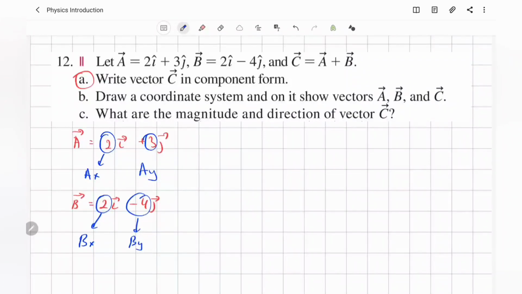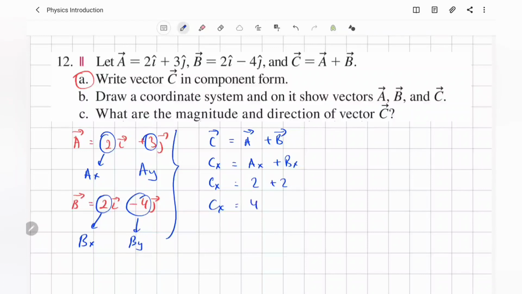So we need to find C vector, which is A vector plus B vector. First of all, let's solve it in terms of components. So Cx equals Ax plus Bx. Ax is 2, Bx is also 2. So the x component for C vector is 4.